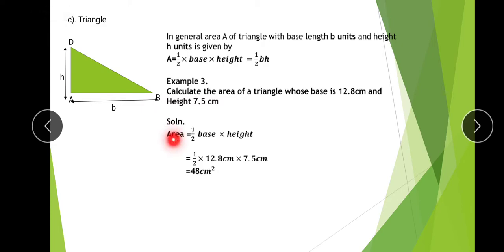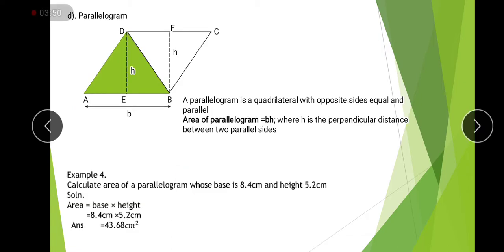We know that area is given by half base times height. Therefore, this will be a half times 12.8 centimeter times 7.5 centimeter. Therefore, we'll find the answer as 48 square centimeter.